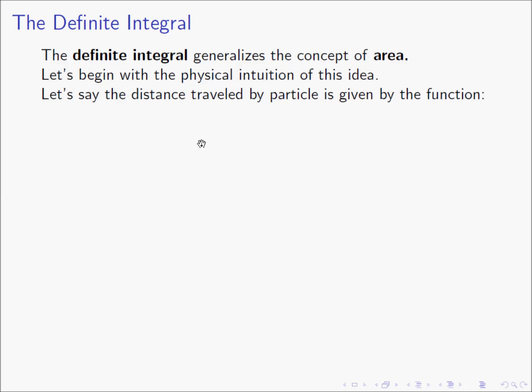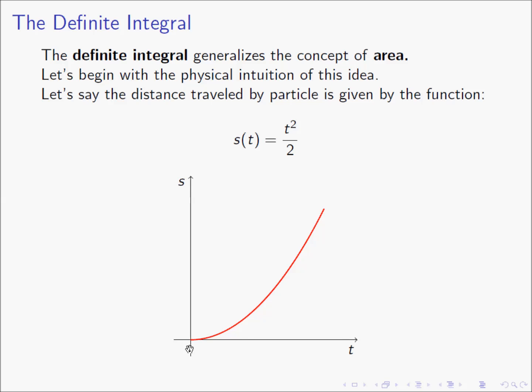Let's consider a particle that is moving, and let's say the distance traveled by this particle is given by the function s of t equals t squared over 2. S of t gives the distance traveled by the particle until time t. The graph of this function is a parabola like this one.